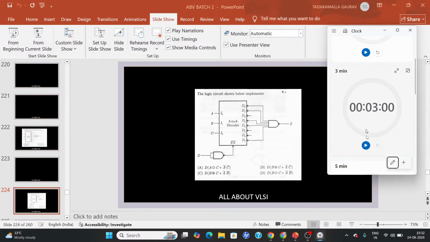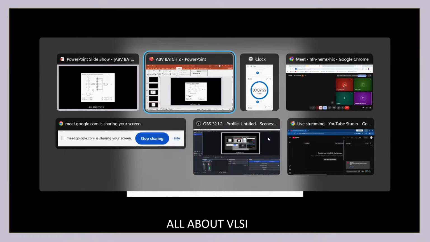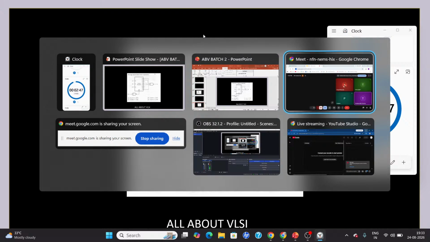So you can take 3 minutes of time for solving this problem and we can discuss the solution after you have arrived at the answer. Yes. So let me put the slideshow. Your time has started. So please try to do it. Let's see what's the option we are going to get.